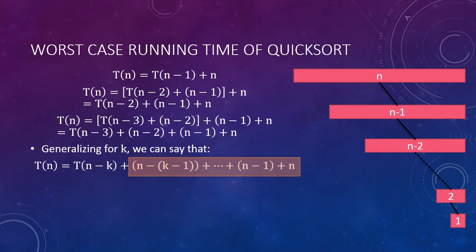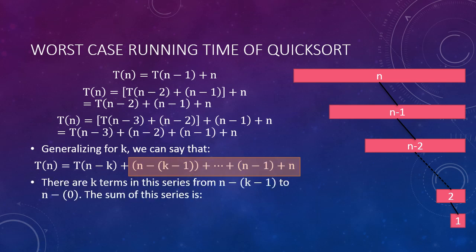This is an arithmetic series. There are k terms in this series from n minus k minus 1 to n minus 0. The sum of this series is given by the formula of summation of an arithmetic series: number of terms divided by 2, times the first term added to the last term.